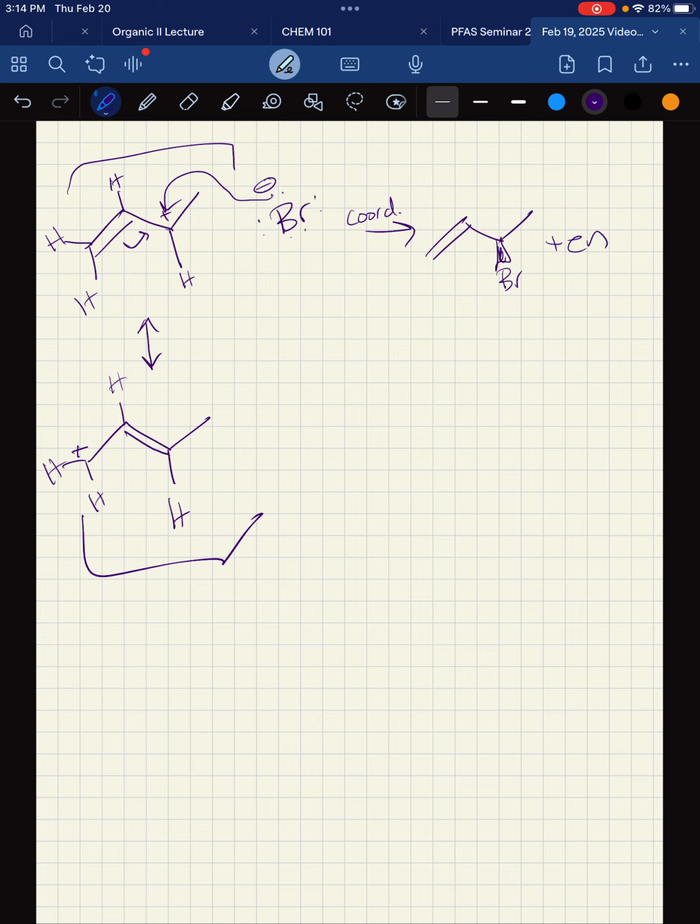And of course, the bromine can attack top or bottom, and that is a chirality center. So it's either going to be top or bottom, and we would get both. Over here on the left, if the bromide anion attacks there, again, a coordination step.